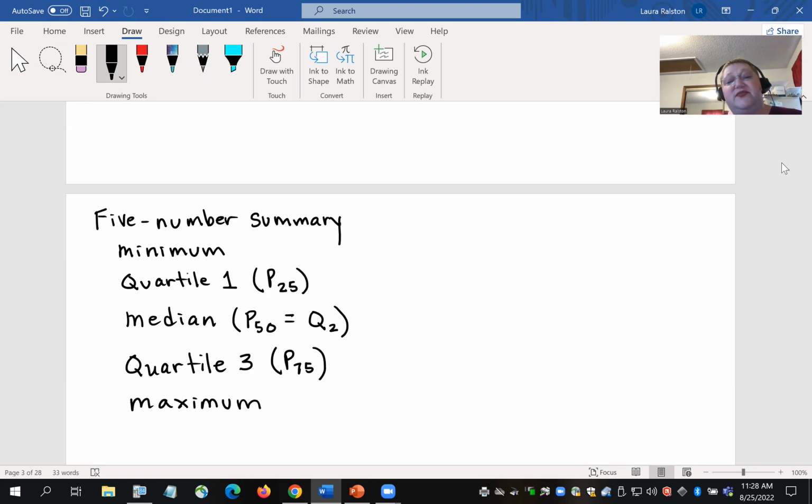That's your 5-number summary. And again, that is typically reported whenever you're writing a report.